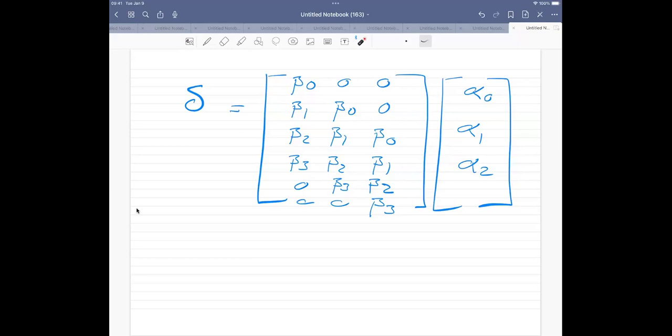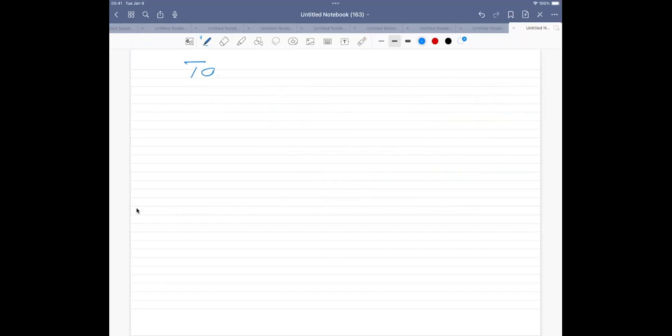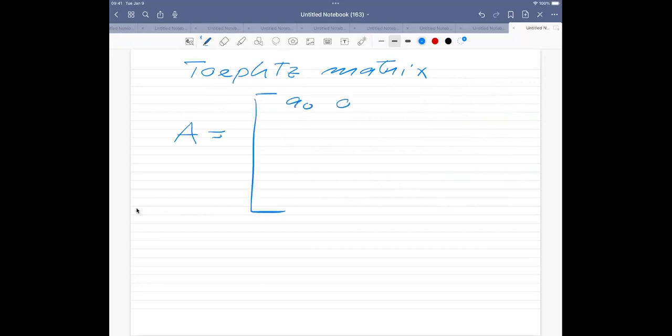But in general, if you now look at such a matrix, which we call a Toeplitz matrix, let me just give you an example of one. So let's call this a matrix A, which now has specific elements. So it has A0, 0, 0. And you will see now that it's pretty close to what we had previously. So it has A1, A0, 0, and then it has A2, A1, A0, and then A3, A2, A1, 0, A3, A2.